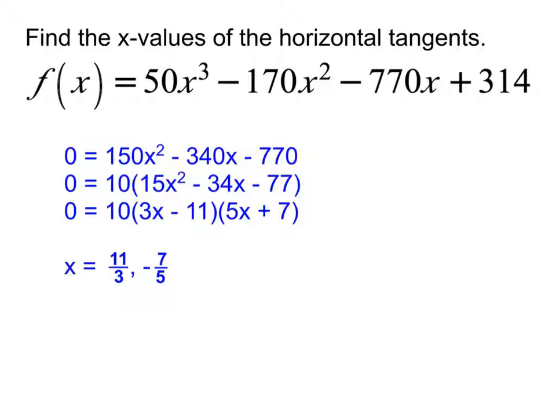Which means we can get our solutions by setting each of those parentheses equal to 0. So if I do 3x minus 11 equals 0, that means 3x equals 11, and therefore x equals the 11 thirds that I have right here. And of course, same basic process for the other set of parentheses. We set that equal to 0, and that gives us the negative 7/5.